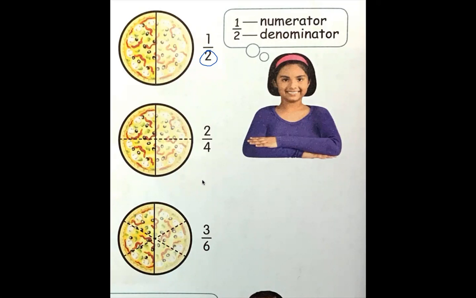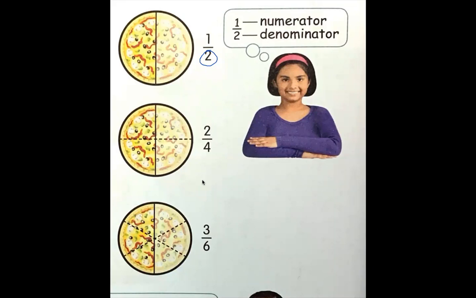David. 4 pieces, yes. So the whole pizza is made into 4 pieces. So the denominator is always how many pieces the whole is.